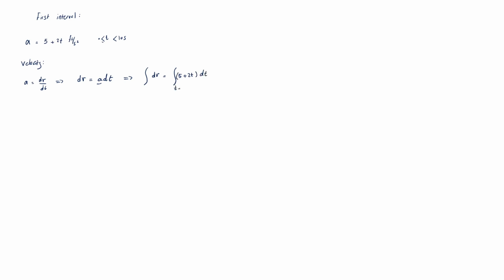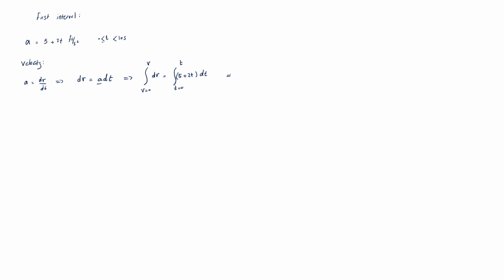At time 0, the initial velocity of the race car is 0, because the problem mentioned the race car starts from rest. We have to find the velocity of the race car at time 10 seconds.